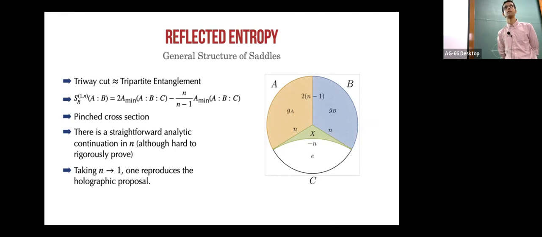And so, I didn't follow the details, but by the time you go to n equals 1, that X region disappears because of what? Because this tension becomes basically zero. It's very small. So the location of this point, you want to minimize the sum of these areas, right? Weighted by that tension. So it's basically only these two surfaces that minimize their area. So they get pulled all the way out to this surface.